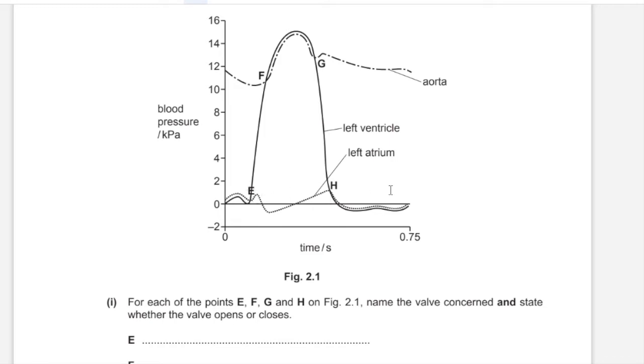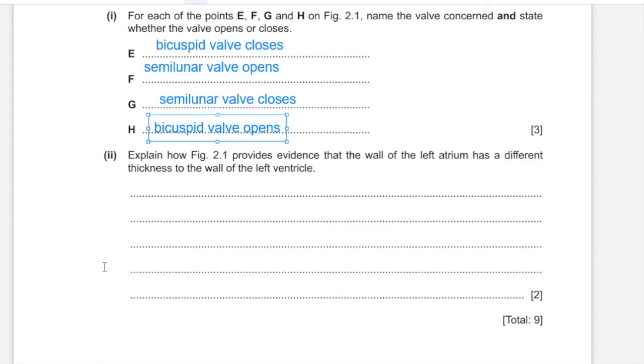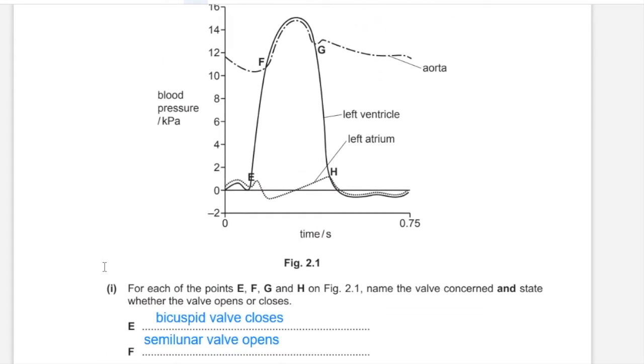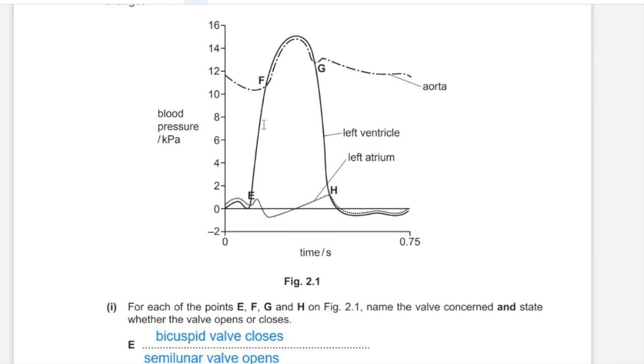Now, the atrioventricular valve on the left side of the heart is the bicuspid valve, and so you can use that instead of atrioventricular valve. Explain how Figure 2.1 provides evidence that the wall of the left atrium has a different thickness to the wall of the left ventricle. The pressure in the left ventricle is caused by the contraction of the wall.